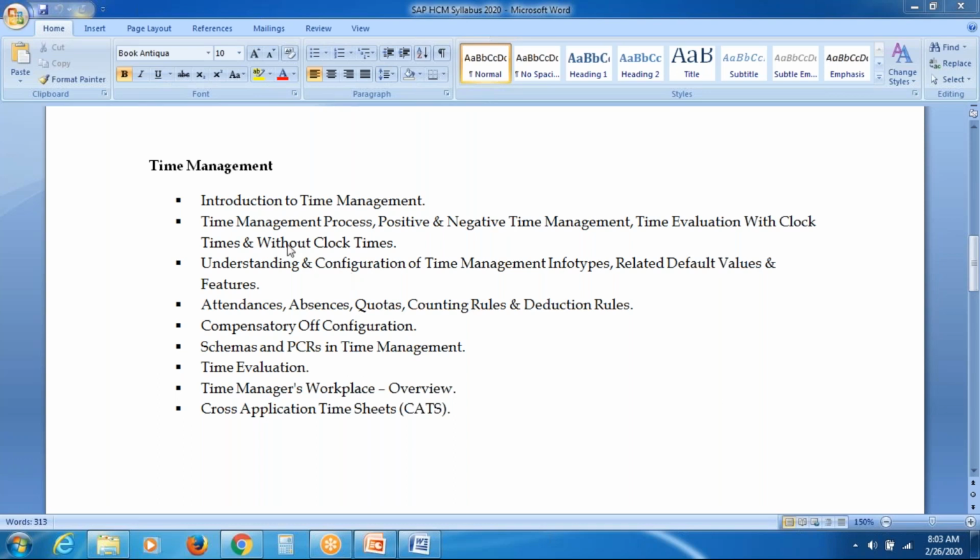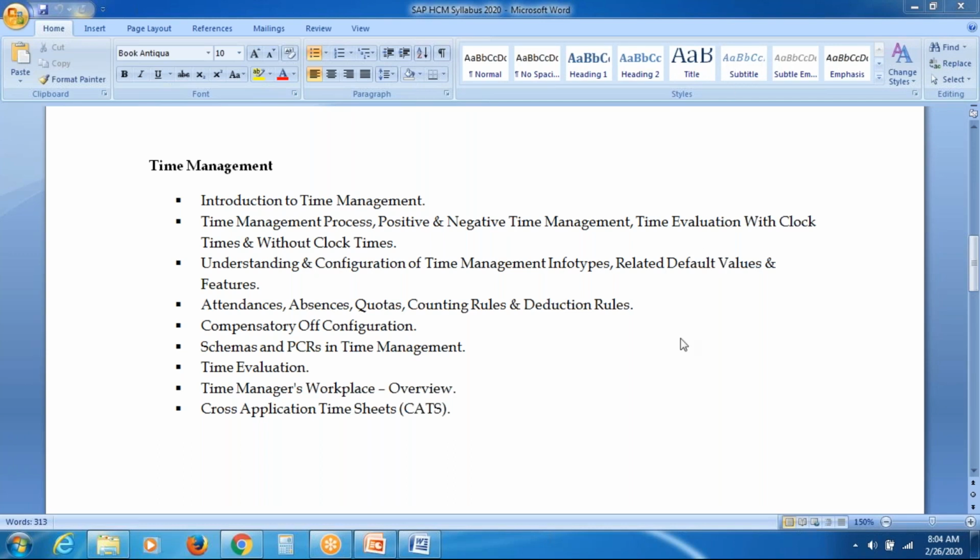And as a part of this course in time management, we are going to discuss the introduction to time management, then the time management process. We are going to discuss the positive and negative time management, then time evaluation with clock times and time evaluation without clock times, and then understanding and configuration of time management infotypes, related default values and features. Then we are going to discuss the configuration of attendances, absences, quotas, counting rules, deduction rules, and all this stuff.